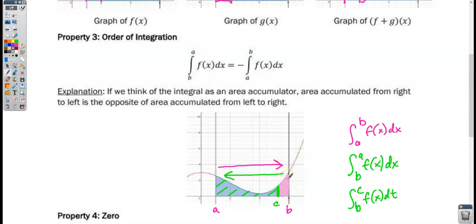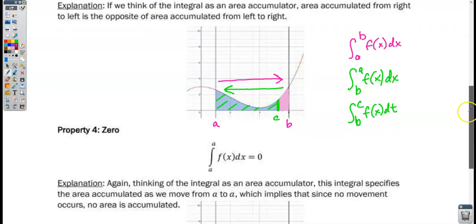It accumulates that area in a negative fashion. And so when we accumulate area from right to left instead of left to right, the value that we accumulate is the opposite of the actual area. And that's what this property says. If we accumulate area from b to a of f of x dx, it's the opposite of the area that we accumulate going from a to b of f of x dx. All right.